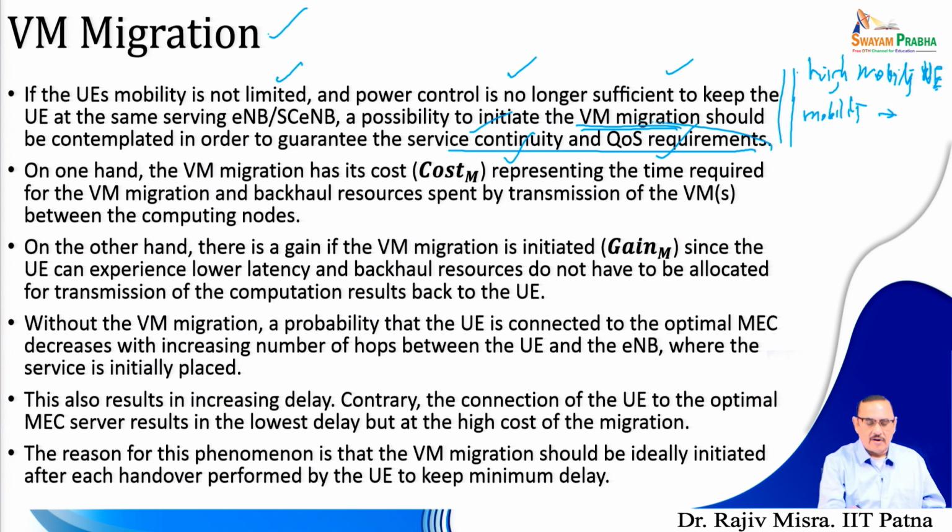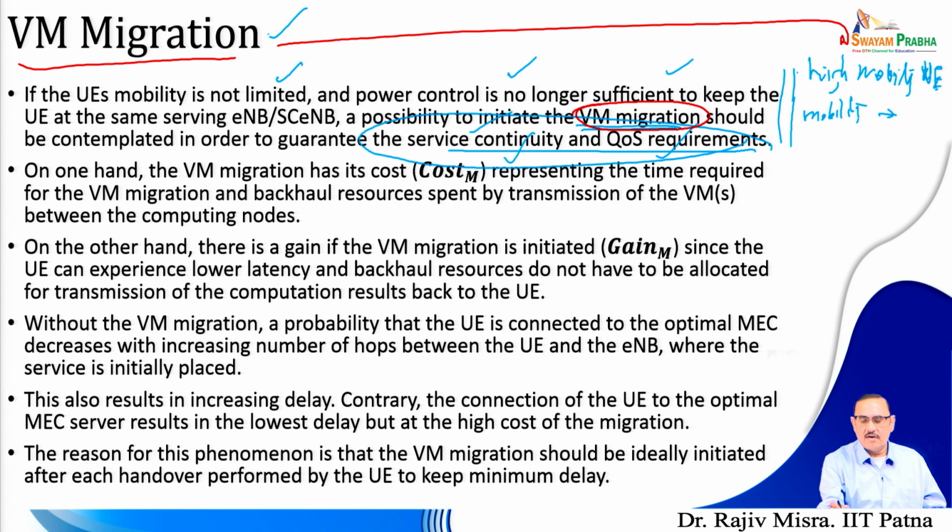So, these are two important factors to guarantee the service continuity and QoS requirement. There is a need for virtual machine migration. So, therefore, we are going to consider the virtual machine migration under these two situations.